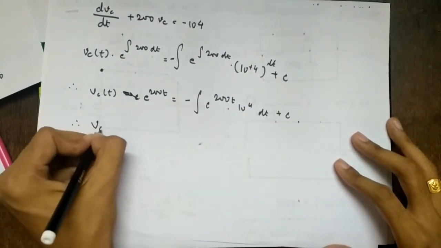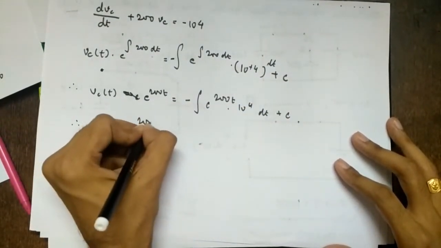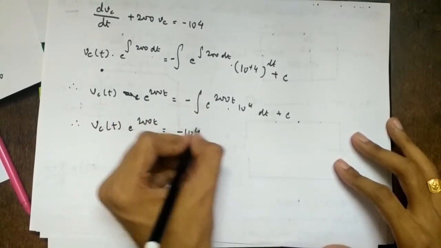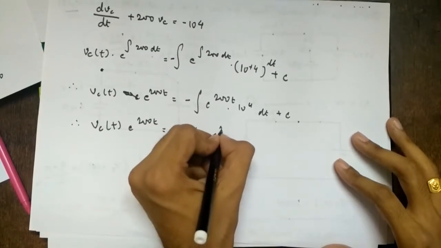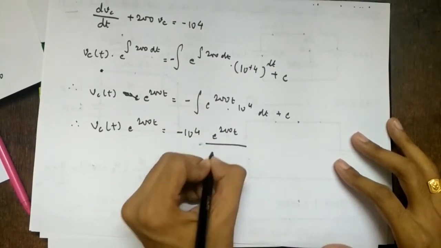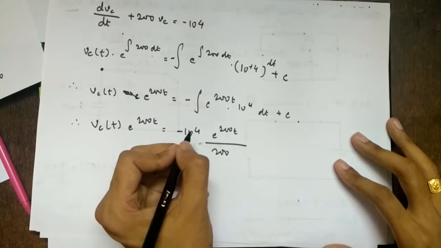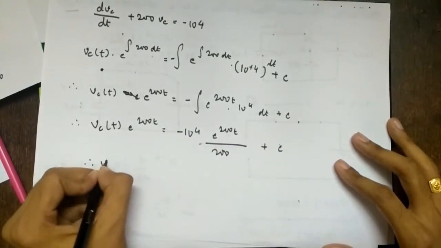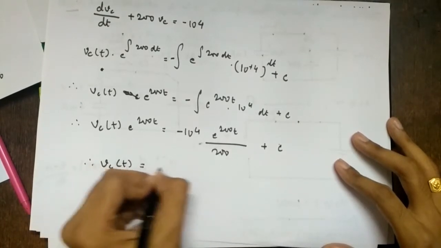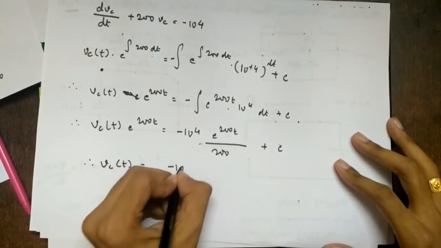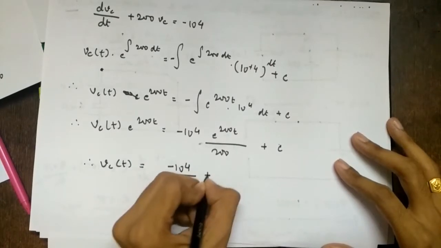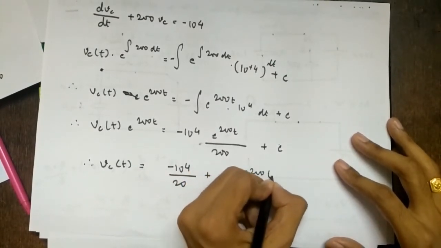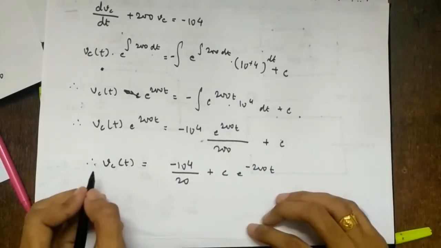So therefore Vc of t into e raised to 200t equal to minus 10 raised to 4 into integral, same upon 200, plus c. So therefore Vc of t equal to minus 10 raised to 4 upon 200 plus c e raised to minus 200t. I have just multiplied both sides by e raised to minus 200t.